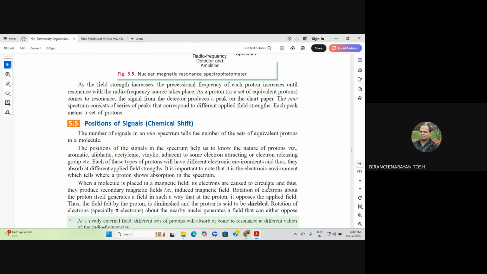Thus, the field felt by the proton, in this case where it opposes, is diminished or decreased, and the proton is said to be shielded. Would you follow this one? Shielding and deshielding, two things are there here.